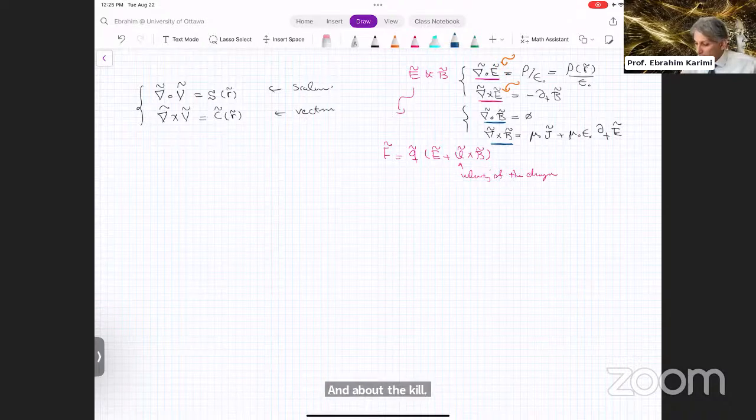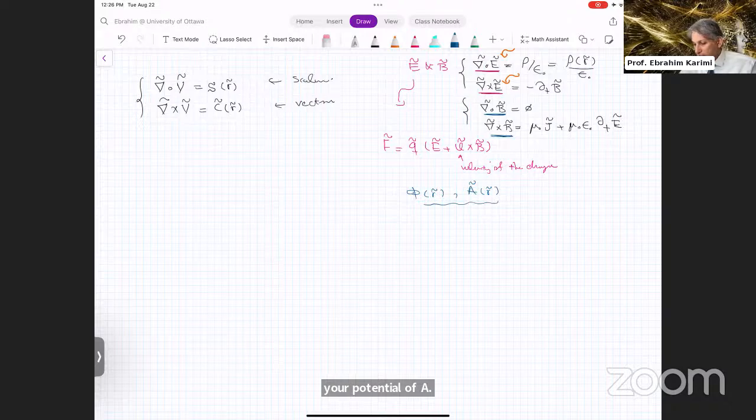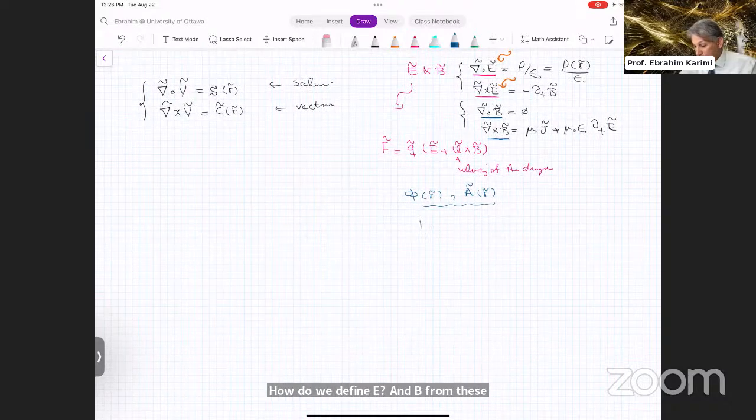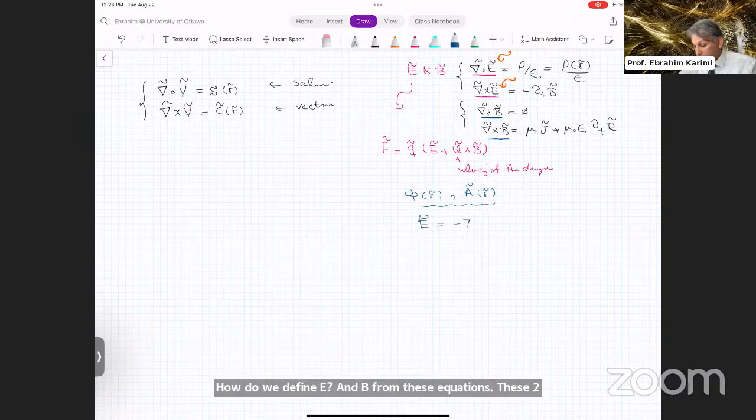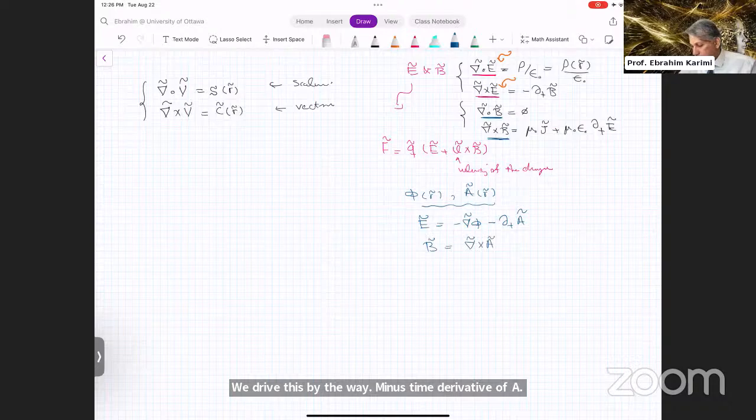Recall also that we usually don't deal with E and B. What we deal with is a scalar potential phi and a vector potential A. How do we define E and B from these? E is given by minus gradient of phi, minus the time derivative of A, and B is given by the curl of A.